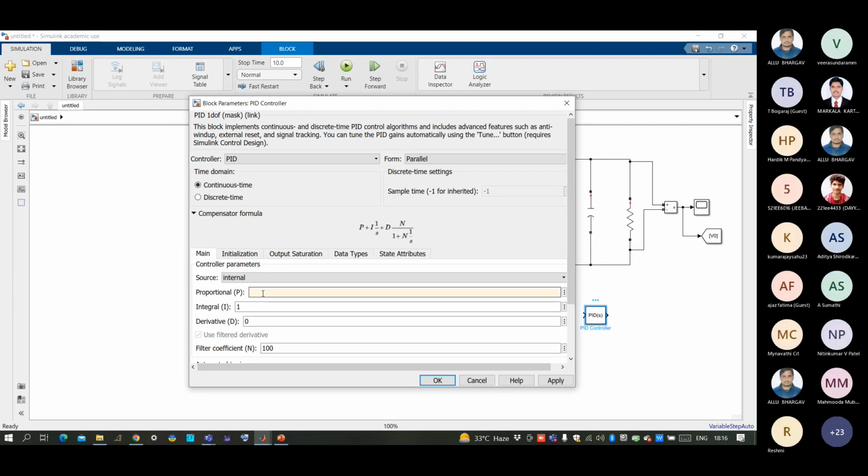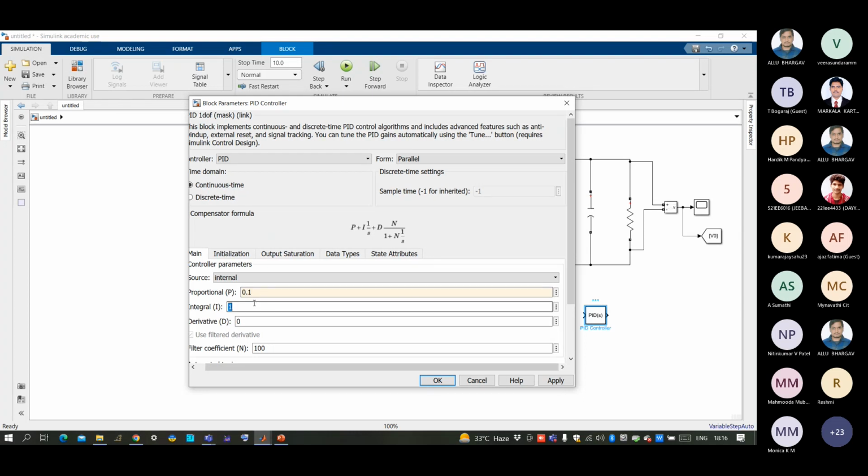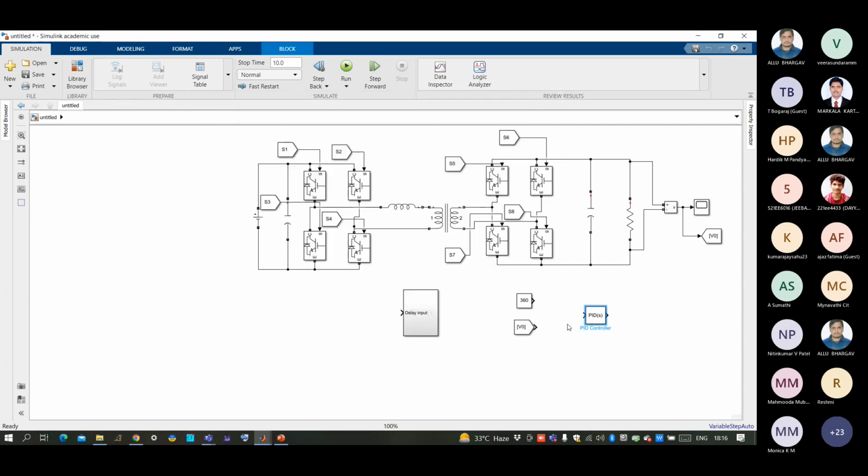From the characteristics of PI, you can say maybe 100. Plus will be addition.